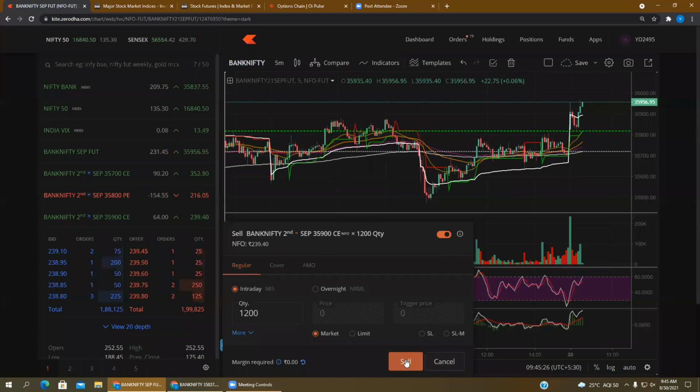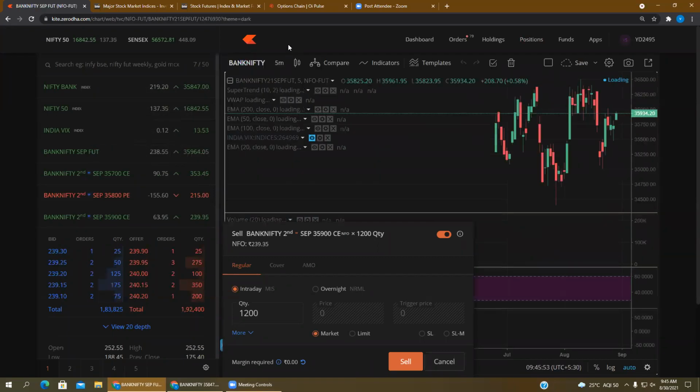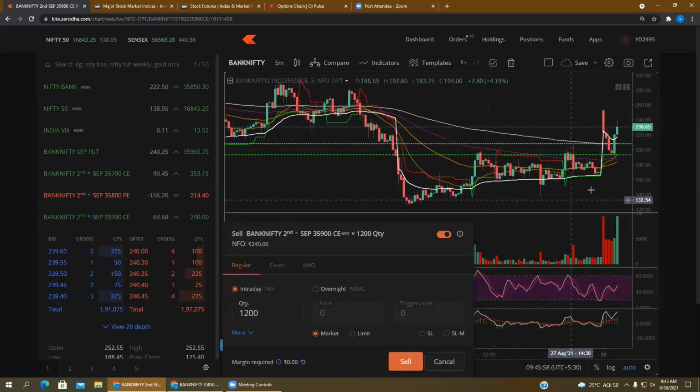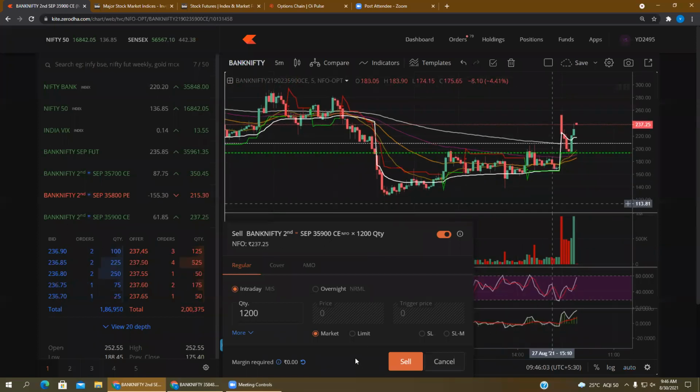But the way Nifty is moving, I'm looking for a spike on Bank Nifty once. Looking for 250 on the strike price.